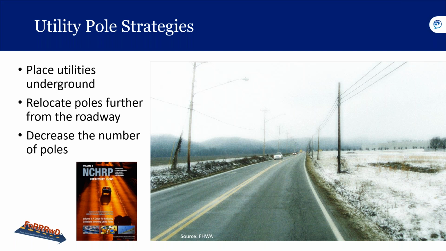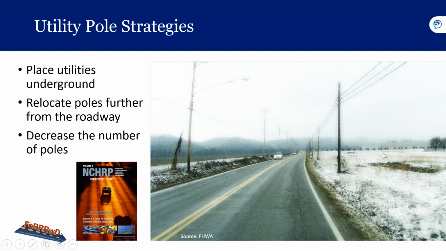And so in this picture here, can the number of poles per mile maybe be reduced, or can we space them further from the edge line in this picture?